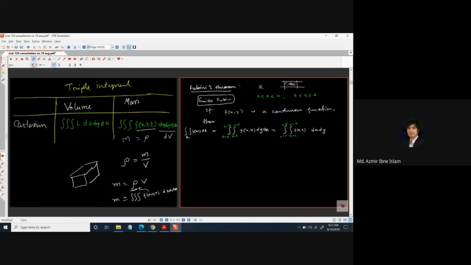The same thing holds for three dimensions. Let me describe the same thing again. Instead of a rectangle, let's say you have a cube.